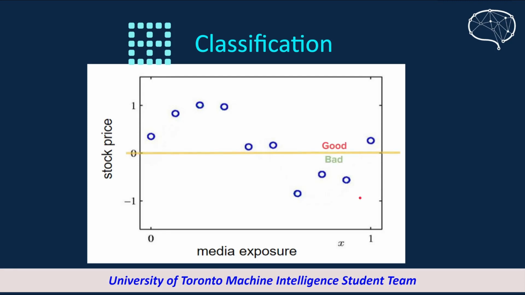For example, we could define that every value above 0 will be good, a rise in the stock price, and every data point below 0 will be bad, a fall in the stock price. All data points are either good or bad. They don't have any continuous values anymore.